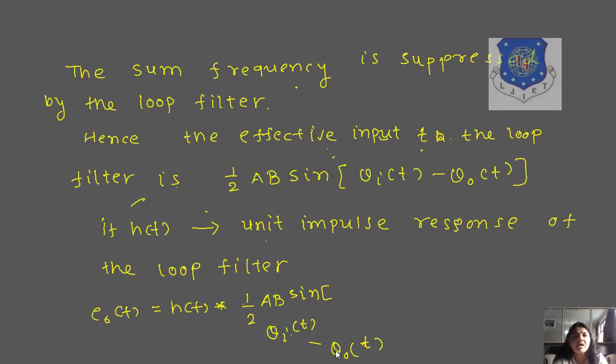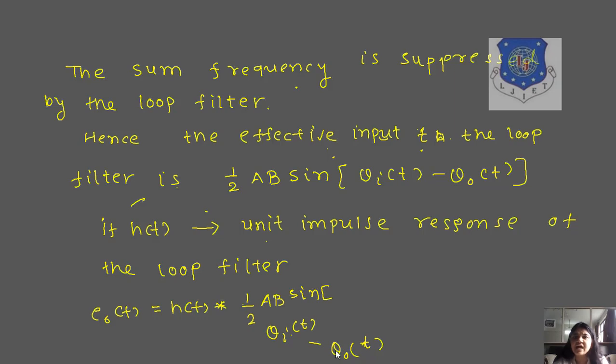Now we have the output of that multiplier, which you have seen. It is given to the low pass filter. What will the low pass filter do? The low pass filter will suppress the high frequency component. So of the two components, the low frequency component will be passed through the low pass filter, but the high frequency component is suppressed.